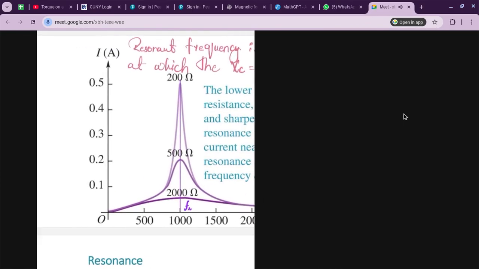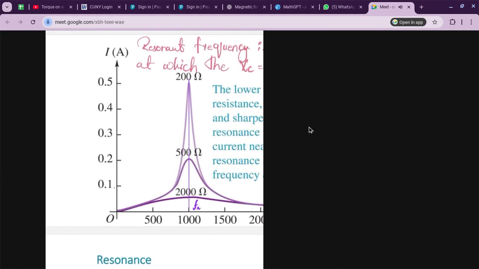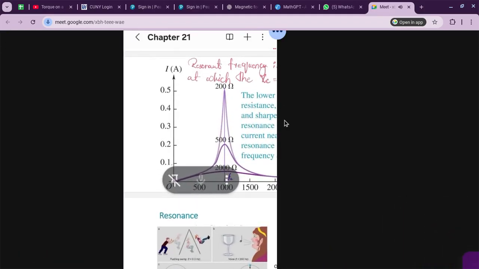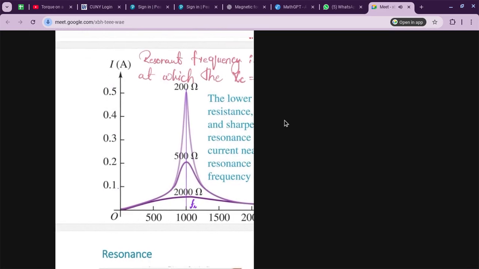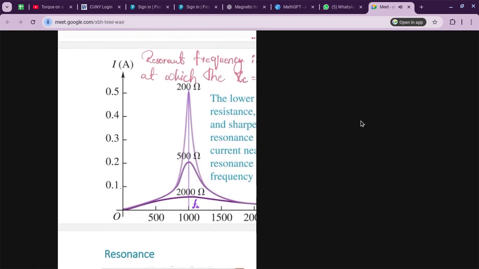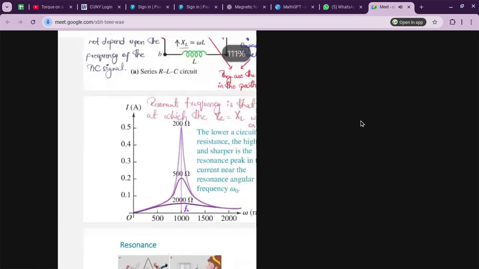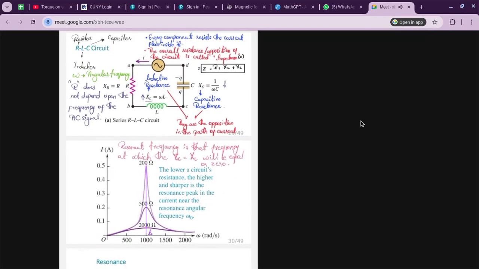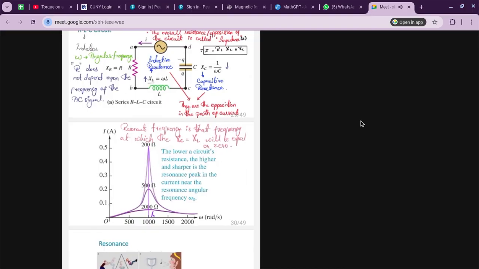Let's see this. At resonant frequency, the current spike will be huge. Why? Because the resistance in the circuit is minimized due to the resonant frequency.